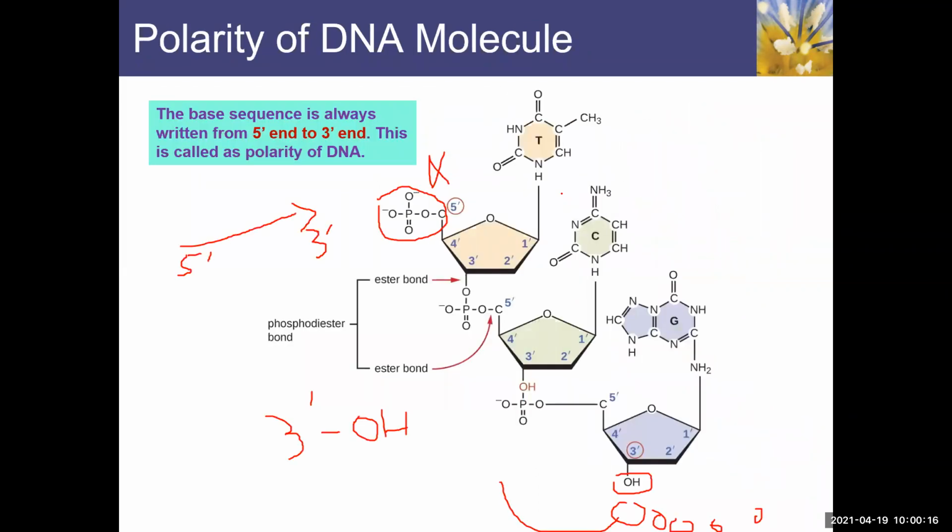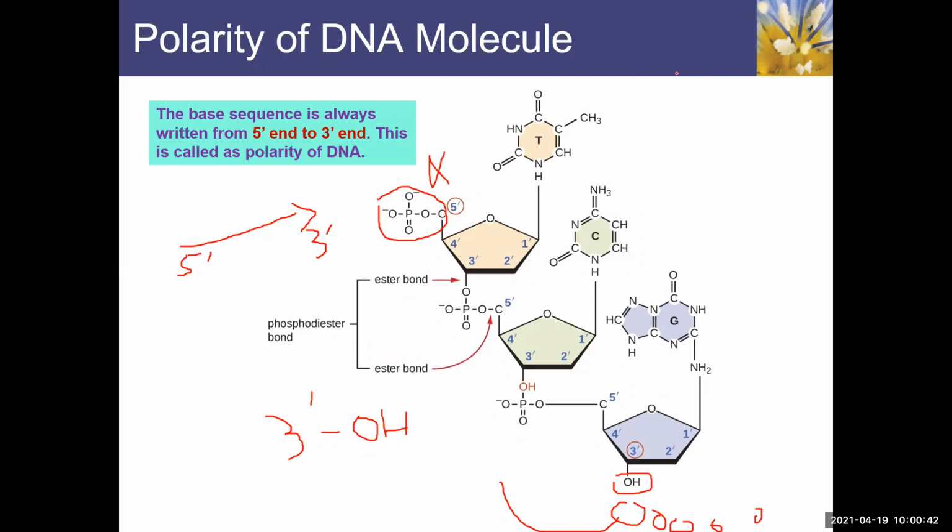Which bond links the two sugar molecules of the nucleic acid in the backbone? Which bond links the two sugar molecules in the backbone? Everyone who will answer this question, name the bond.